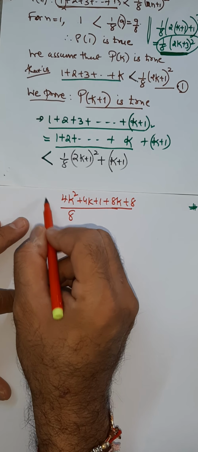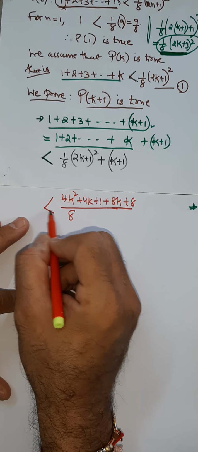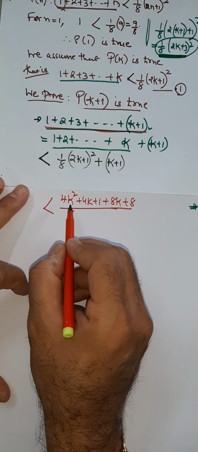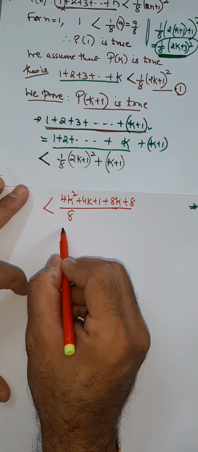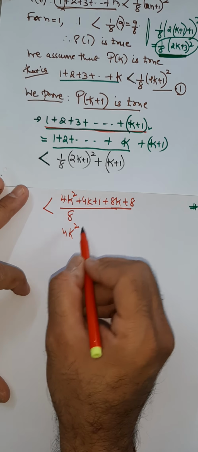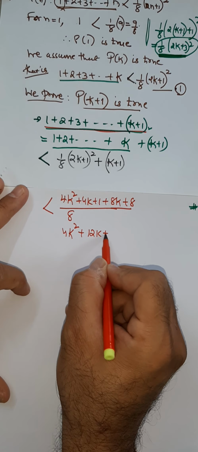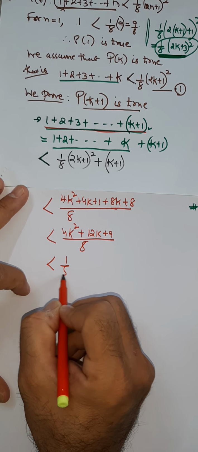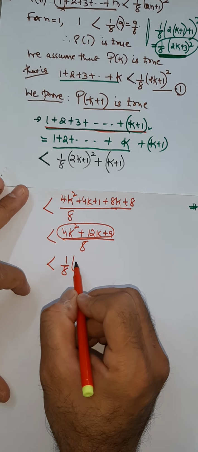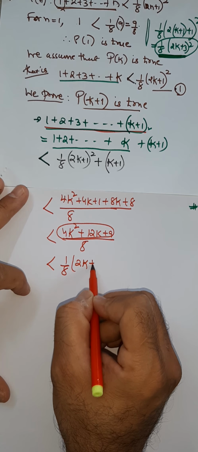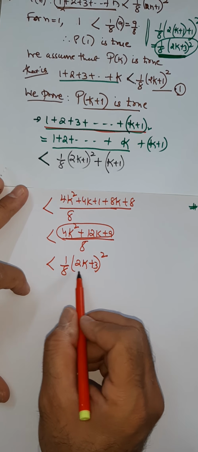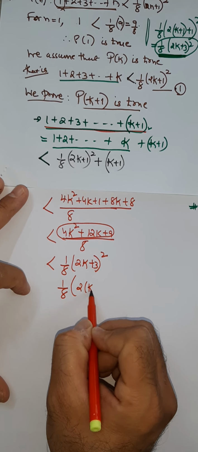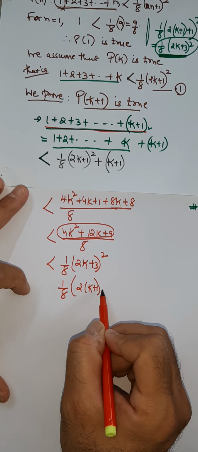These two are equal, remember, but this is bigger than this expression, so the inequality would be there. Now what is this? 4k square, 8 plus 4, 12k plus 9 by 8. And now this is nothing but 1 upon 8 into, this is the perfect square, of what? 2k plus 3 the whole square. And that's what you wanted, remember. This is the same as 1 upon 8 into (2 into (k plus 1) plus 1).